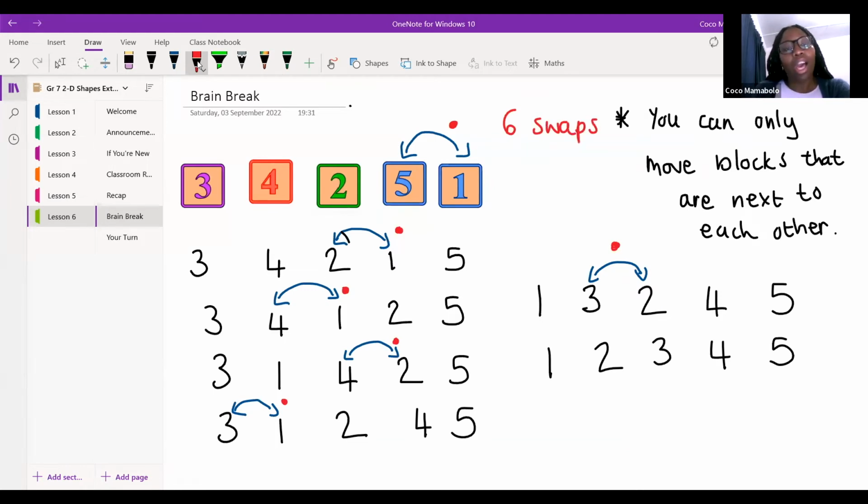I want to see on Monday who can figure out how to get to 1, 2, 3, 4, 5 in one less swap. So you guys need to be able to come back and have swapped this 5 times to get to the same answer. Because we don't actually need to do 6 swaps like that.